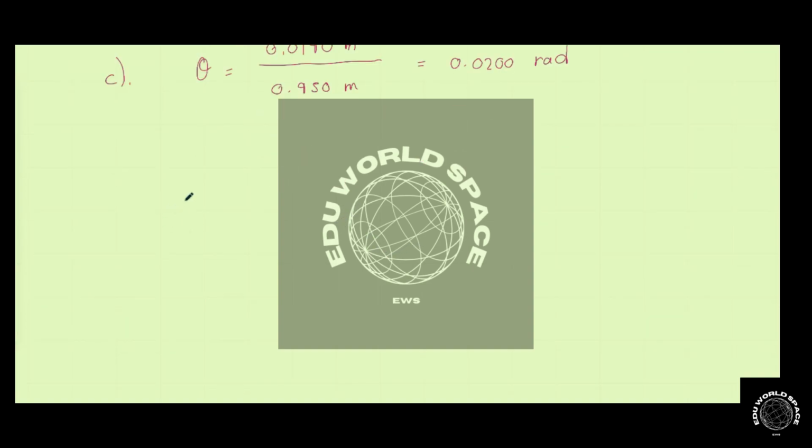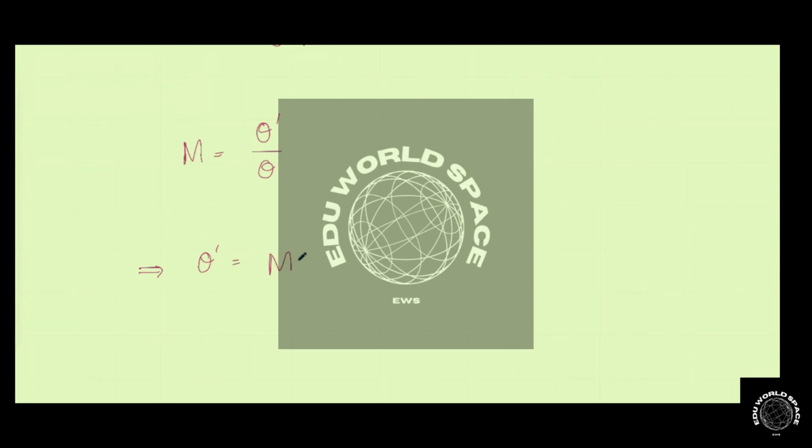Now we can use the equation that the magnification M is equal to the image size over the object size. So that's theta prime over theta, but we want to calculate theta prime, the size of the image. So rearranging this equation, we get theta prime is equal to the magnification M, which we've calculated, times the object size theta, which we've also calculated.